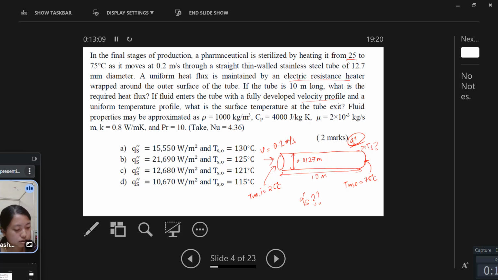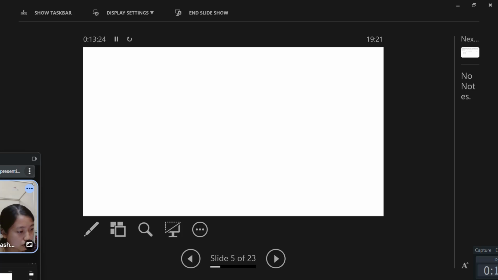For this first we have to calculate the Reynolds number. Okay, for heat flux you don't require it. This can be written as m cp delta T.